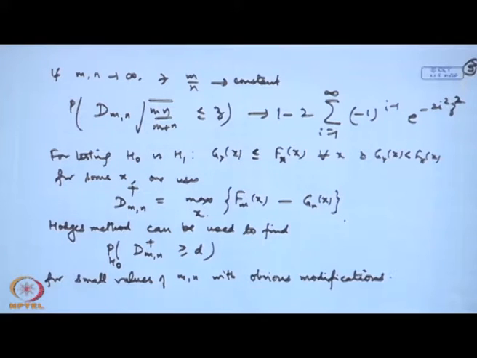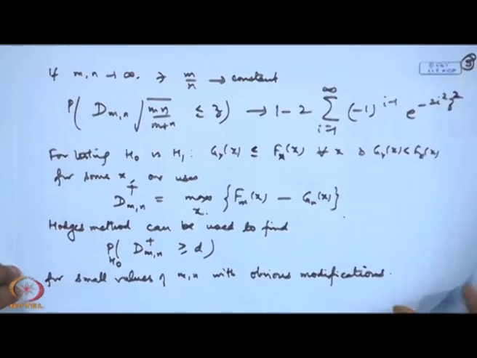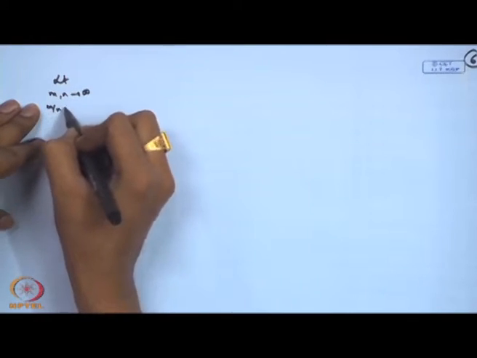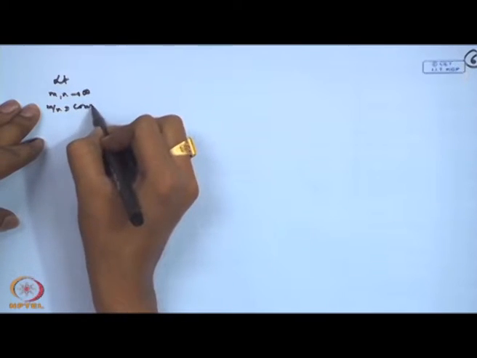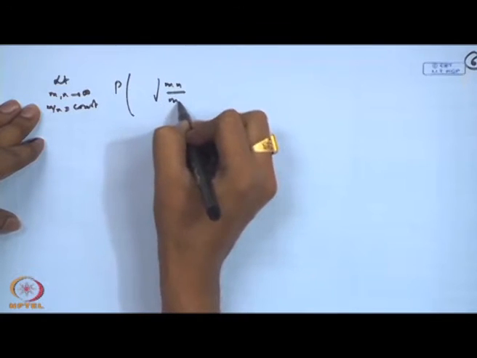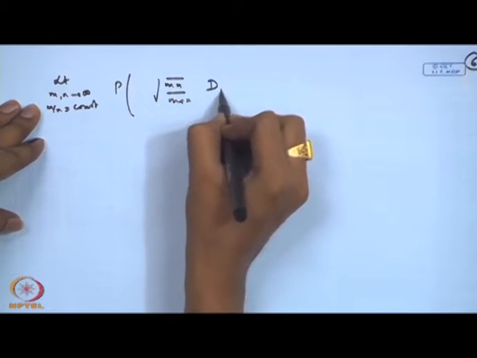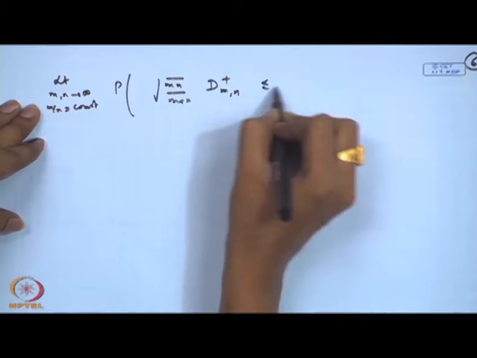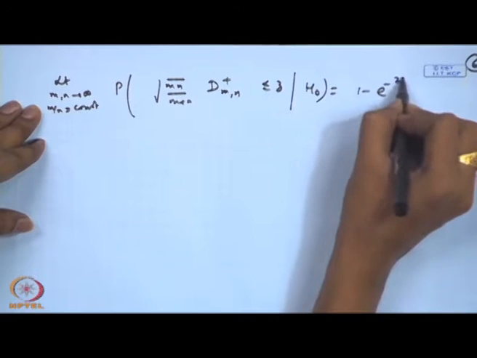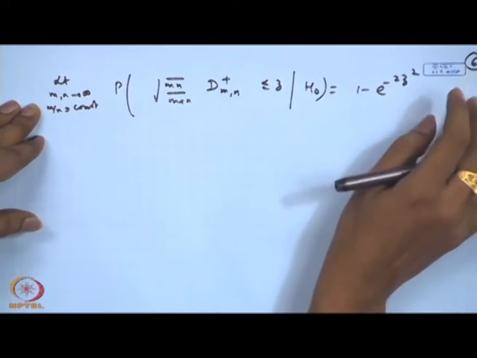One can talk about the full-fledged asymptotic distribution of D_mn plus also. Let me give that here. Limit as m, n tend to infinity such that m by n is a constant, of the probability that root mn by m plus n times D_mn plus is less than or equal to z under H0 is 1 minus e to the power minus 2 z squared.